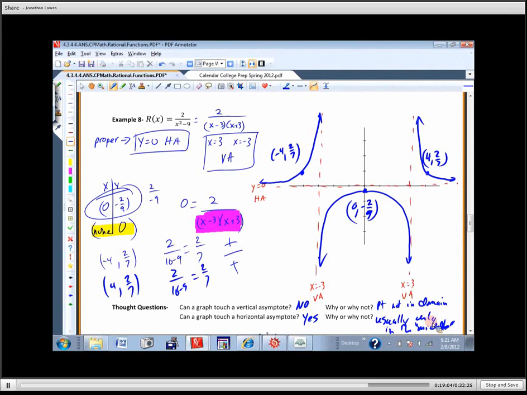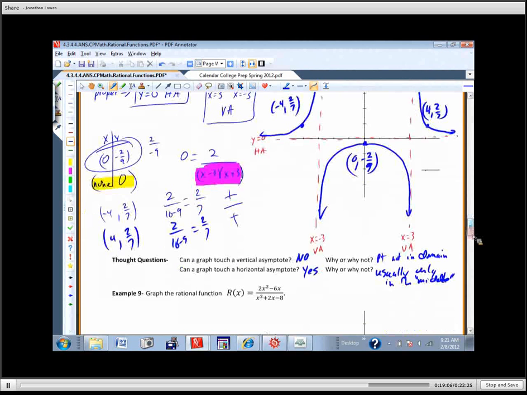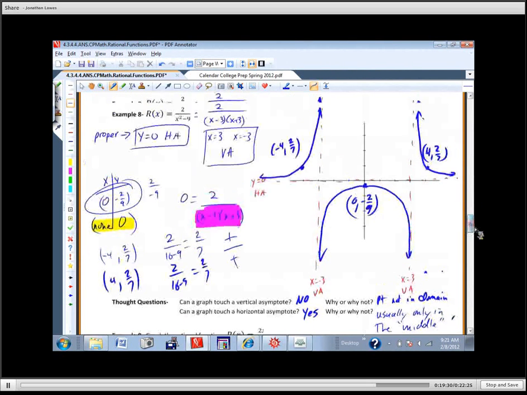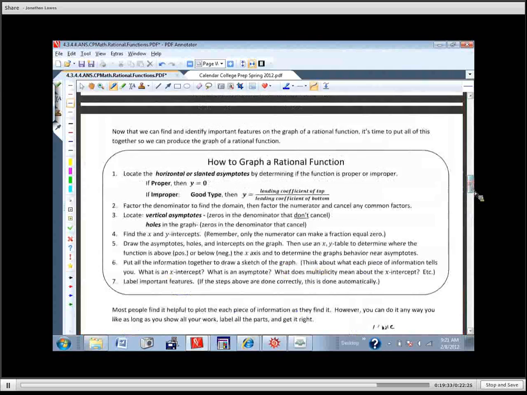So it's going to approach this horizontal line out on the ends, but in the middle here it can kind of wiggle around. Let me show you an example of one where we cross a horizontal asymptote.